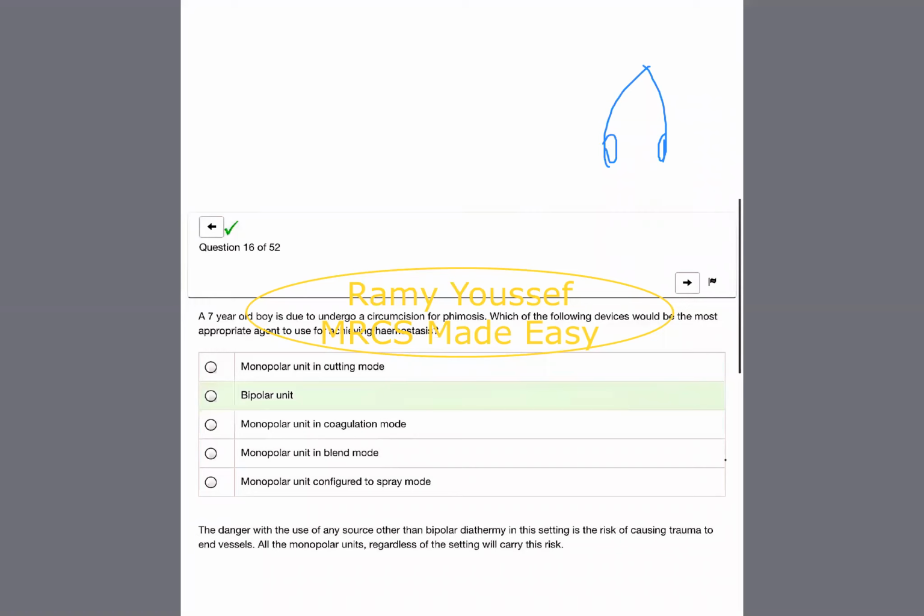So when you grasp any point, you have the electric current around this point only. This is the bipolar: you have two poles between your hands, and this decreases the spread of electric current through tissue. But what happens in monopolar?